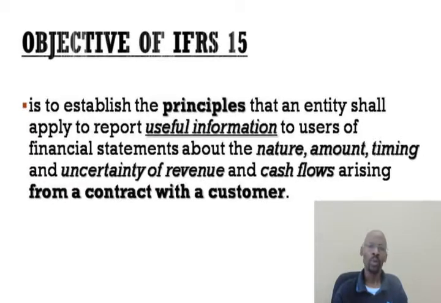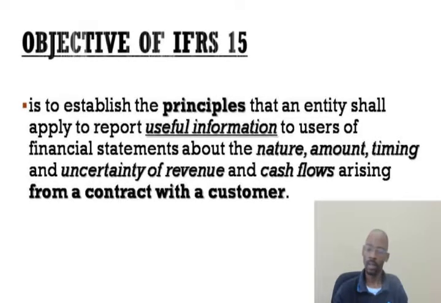If we talk about useful information, it means that we have covered usefulness of information under the conceptual framework. Then, the point of IFRS 15 is to achieve the same goal which we had on the conceptual framework, that the information is useful to the users of the financial statement.